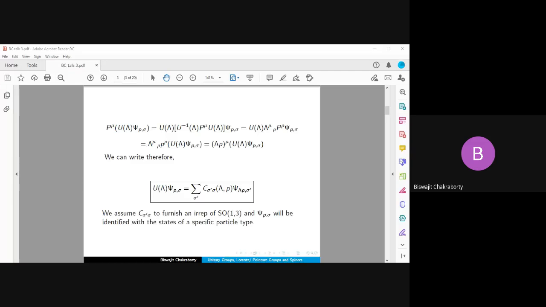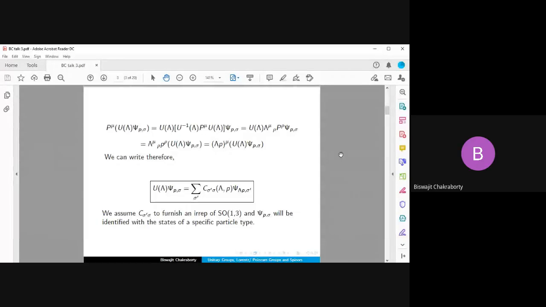So now again P rho acting on psi p sigma will bring out this lambda mu rho small p rho, and that will come out because these are numbers now, acting on U lambda psi p sigma. So you can combine these things, lambda and p, so it will give (lambda p) whole mu and U lambda psi p sigma.